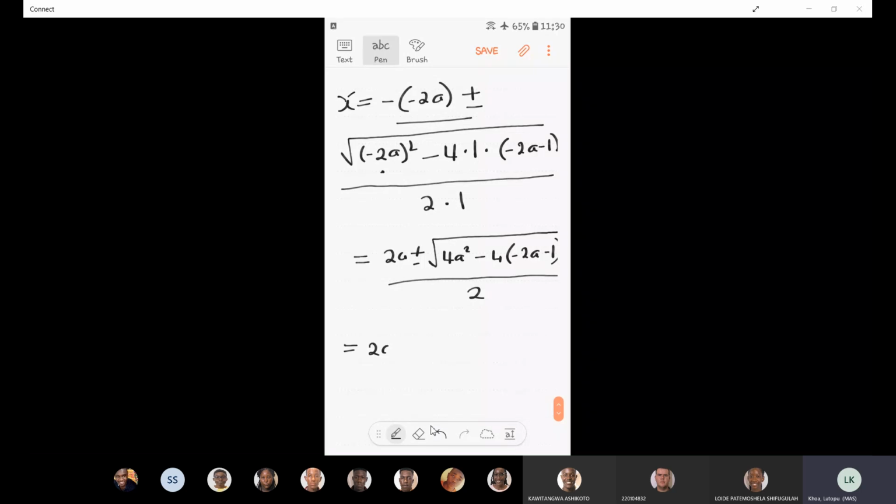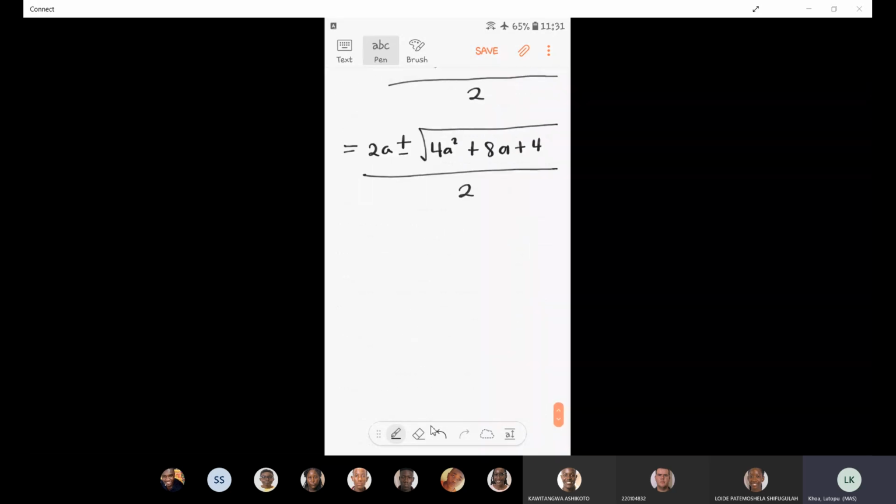This is 2a plus or minus. I have 4a squared minus 8a. It's plus because it's a negative. So here it's a negative, and that negative, it will give me positive. So it is positive 8a, and then I have positive 4. Okay, then I'm still dividing by 2. Okay, then what's under my square root?